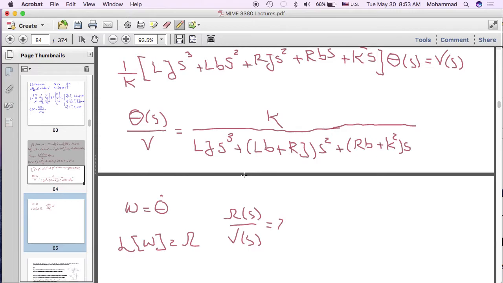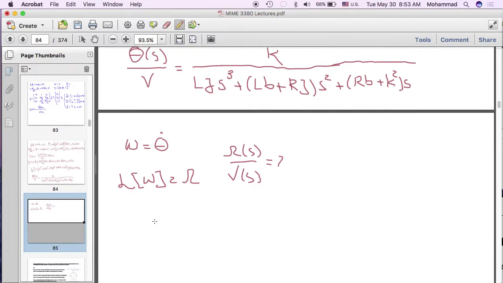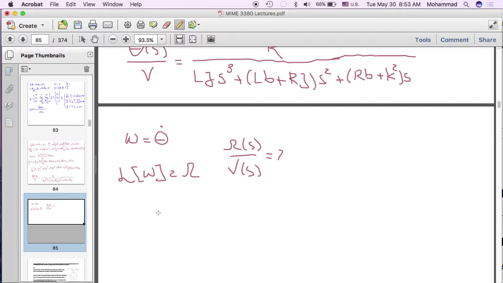That's the answer. You just multiply the top by s. Why? Because omega and theta dot are related, as you see on the top. So omega is the first time derivative of theta, which means essentially that capital Omega(s) is equal to s times Theta(s). As soon as you have that relationship, then you can find the relationship of Omega and V(s).